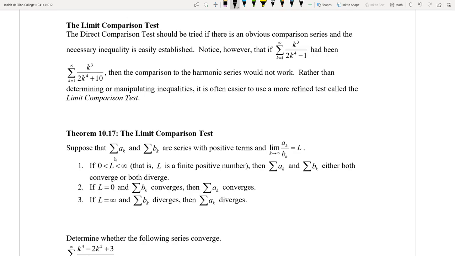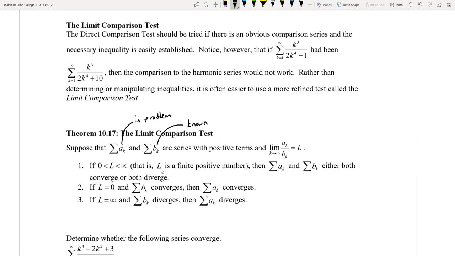So here it is. Again, we'll have a series that's given by the problem and a series that is known. So we're going to have the limit of the problem series over our known series equal to L. If L is between 0 and infinity, then they both behave the same.